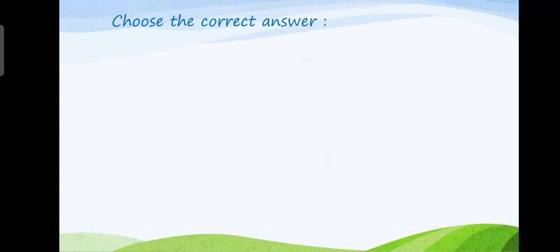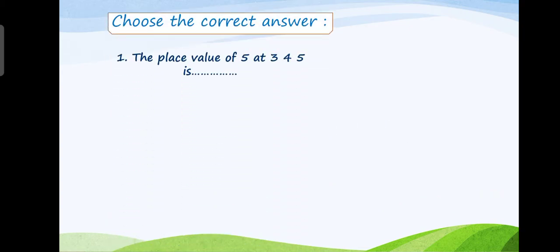Next, we need to choose the correct answer. The place value of 4 in the following number, 45. To read the following number, we need to put the places: ones, tens, hundreds. We need to know the place value of 4. Place value means the number is in which place?